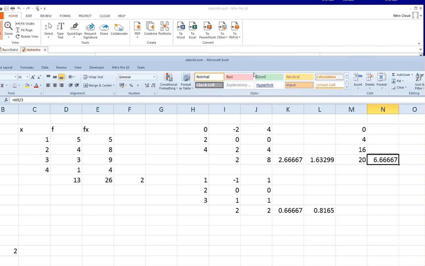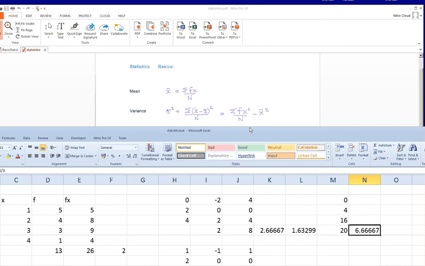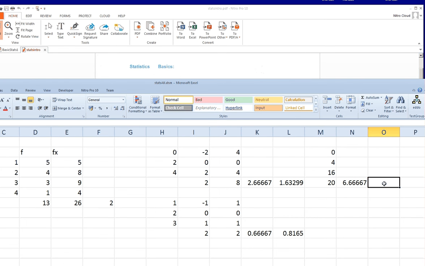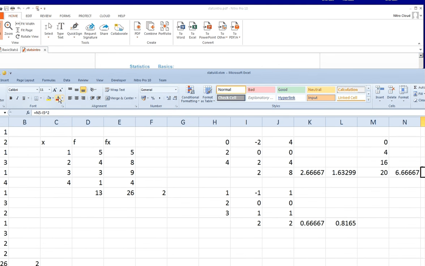Then let me take a look at the formula. It says sigma x squared over n, which is what I've just done, minus x bar squared. Now x bar is 2, which is here, so from that I'm going to subtract this 2 squared, a long way of saying 4. And then I can see that this is one measure of the variance, and this is also a measure of the variance. So those two formulas are equivalent.